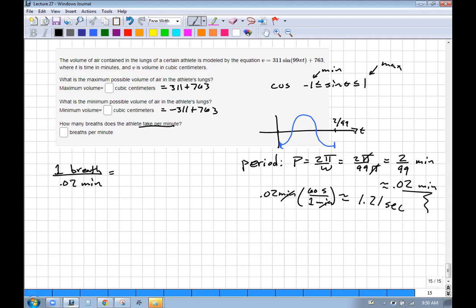So we just take 1 and divide by 0.02. 1 divided by 0.02, 0.020202, and we're going to get 50 breaths per minute. Really, this number was 0.020202. All right, I rounded. But if you type in the whole thing, you get 50. There's going to be 50 breaths per minute.